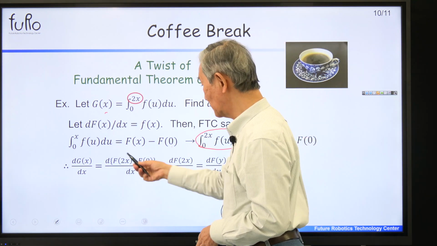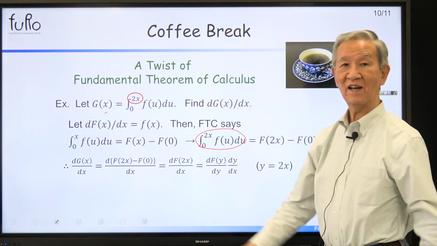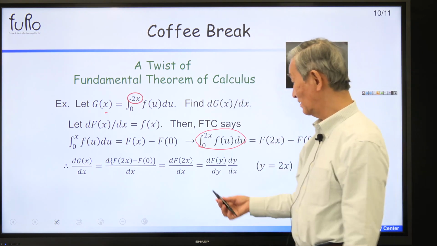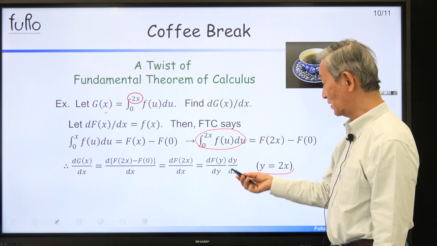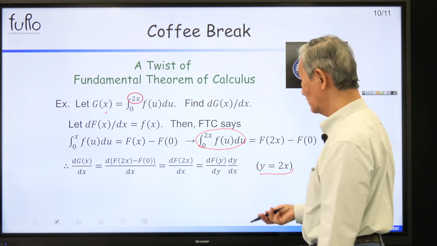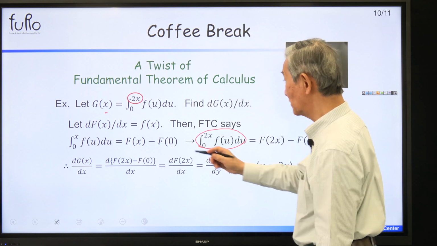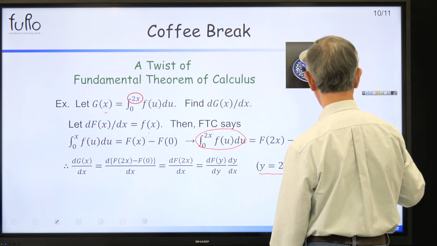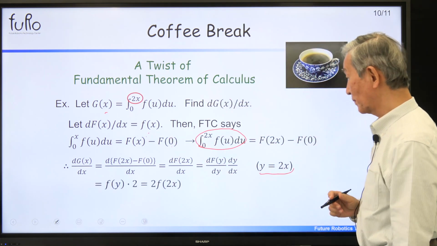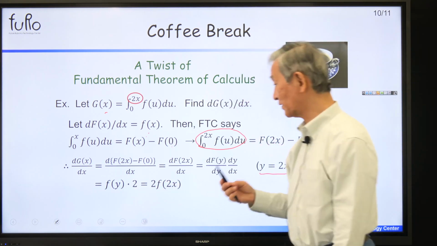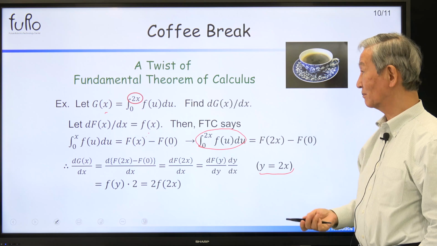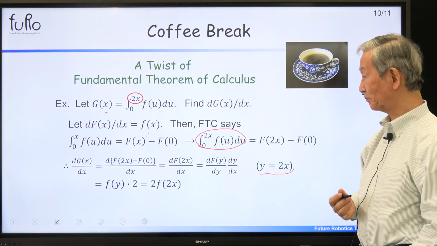So you're differentiating this in terms of x. Aha, chain rule, right? dy/dx, and y is equal to 2x. So therefore, this one is just 2. So this here differentiated is f(y), therefore that's twice as much of f(2x). Interesting, don't you think?